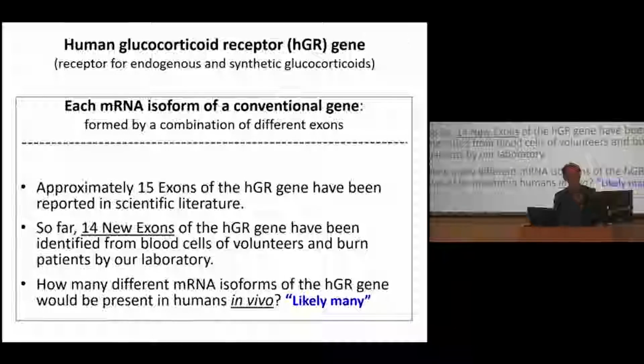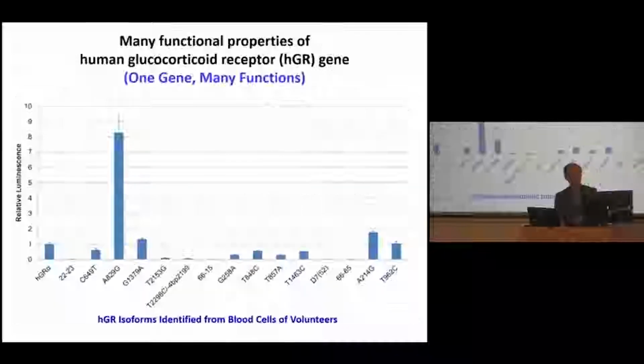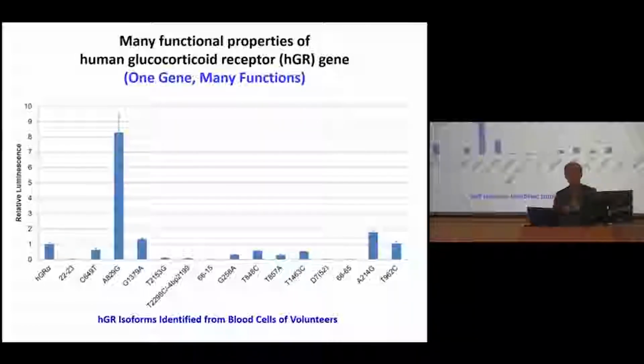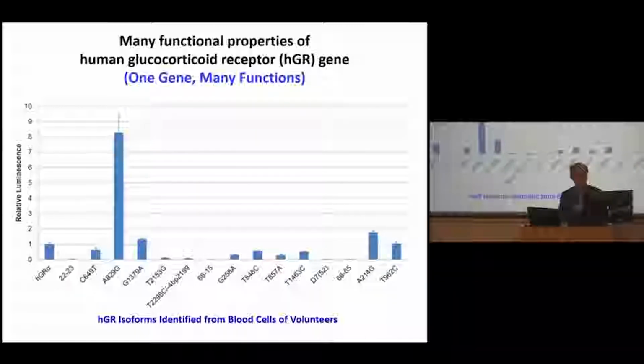So from this study, instead of having one or two messenger RNA isoforms, I expect that from a conventional gene, we'll find some more. In addition, we tested the function of those unique isoforms from the human glucocorticoid receptor gene, and that single gene can have many different functions.